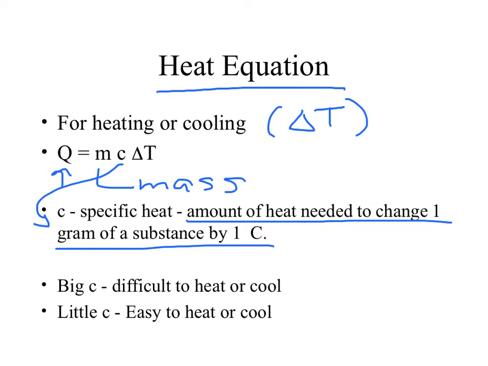Every substance has its own particular specific heat. If something has a large number for C, it's very difficult to heat or cool, like water. If something has a small value for specific heat, it's very easy to cool or heat, like most metals. And then delta T is our temperature change, and you always take the final minus the initial.